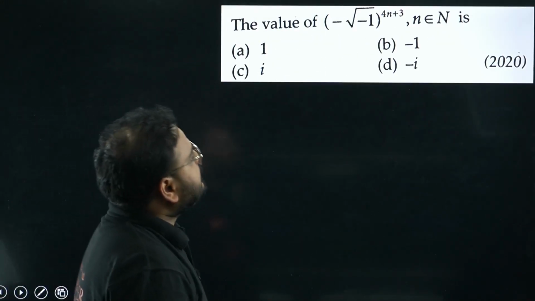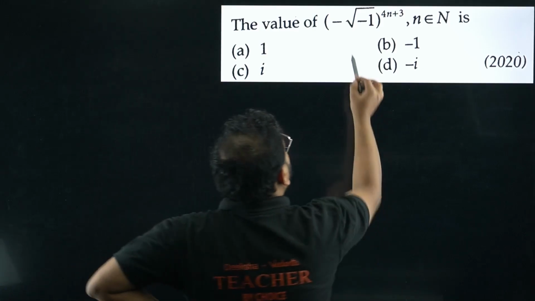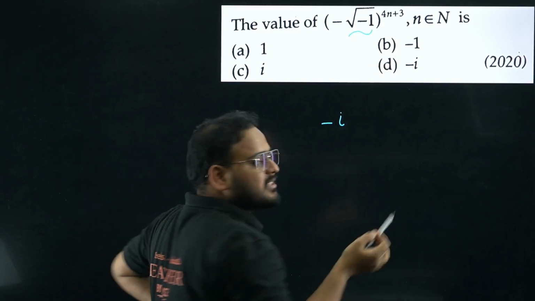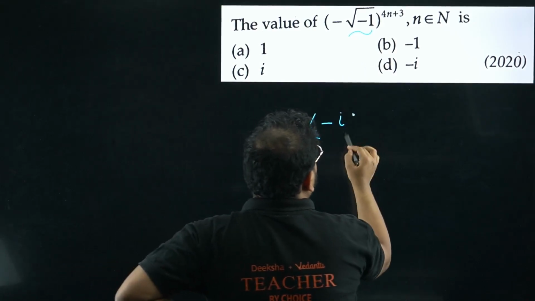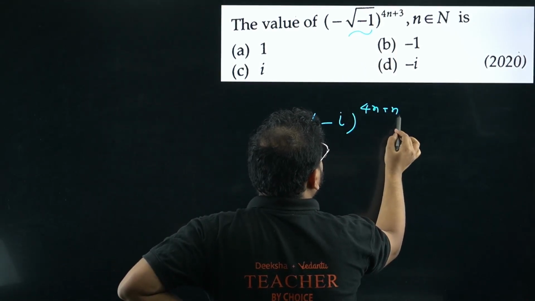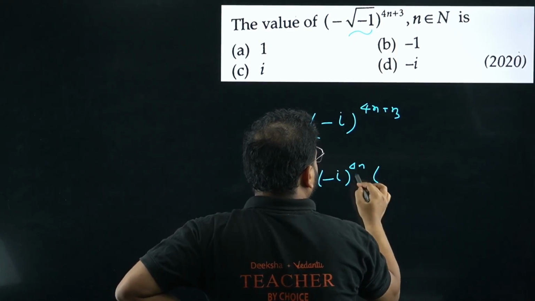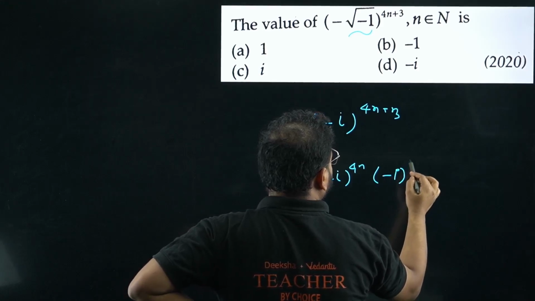The value of this, I can see clearly, is nothing but minus 1, so I can write here minus i, right? The root of minus 1 is nothing but i. Iota is defined like this only. For 4n plus 3, I can write it in product form of the exponent: minus i power 4n times minus i power 3.